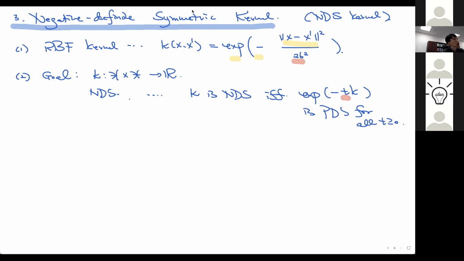And then something corresponds to K, which is exactly the squared distance between x and x prime. So what the result tells us is that if we want to mimic the construction used in the RBF kernels, it produces a PDS kernel precisely when its parameter K satisfies this NDS property.